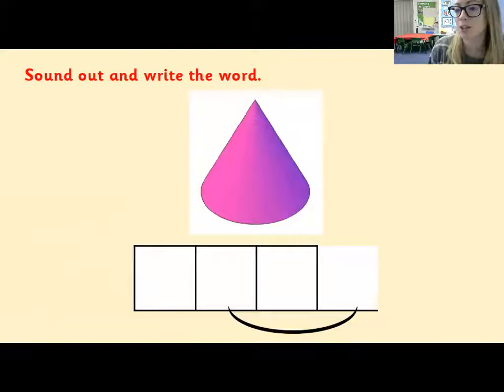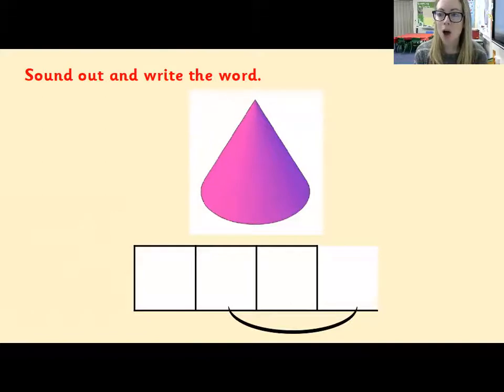Now we are going to have a go at writing this word, cone. And if you've had a chance to do some of our maths this week, you'll know that we're doing 3D shape. So cone's quite a good word to learn how to write. Let's listen to the sounds with our phoning fists. Cone. K-O-N, cone. Now see if you can write that down on your piece of paper.